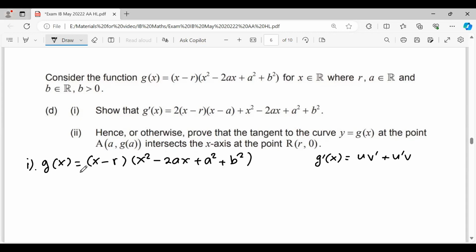So if this is u, the derivative of u is 1, and if this expression is phi, the derivative of phi is 2x minus 2a.